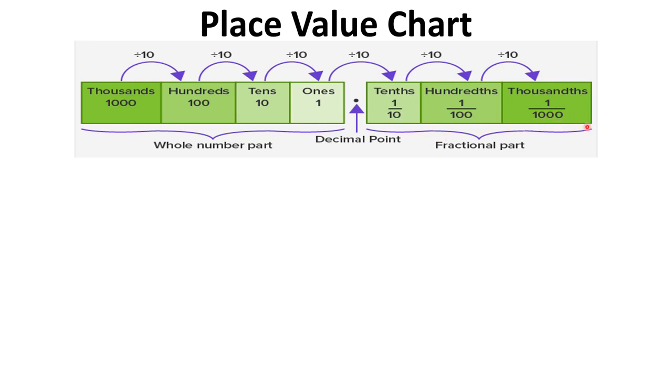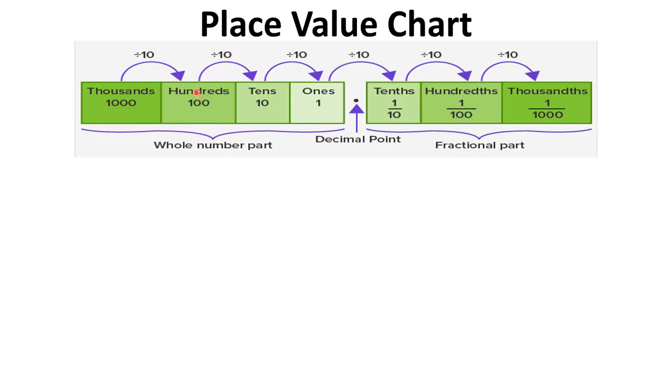Okay, so as we are moving towards our right, each place is divided by 10. As we are moving towards the right hand side, when we are moving from the thousands place to the hundreds place, it is divided by 10.